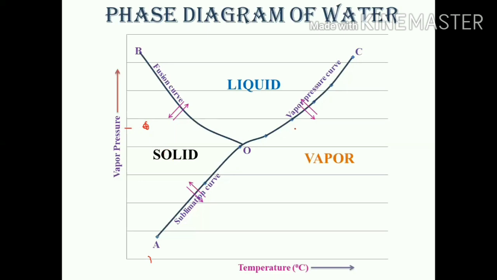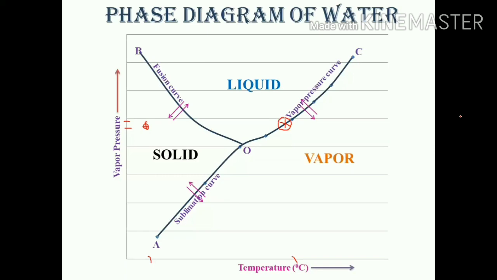But if I want to have information about a point X over here, at the corresponding temperature and of course the corresponding vapor pressure on the y-axis, what information does the point X give me? It gives me the information about a state of matter which is actually an equilibrium state between the liquid and the vapor phase of water.